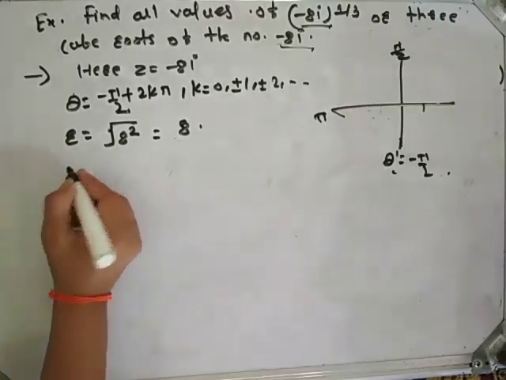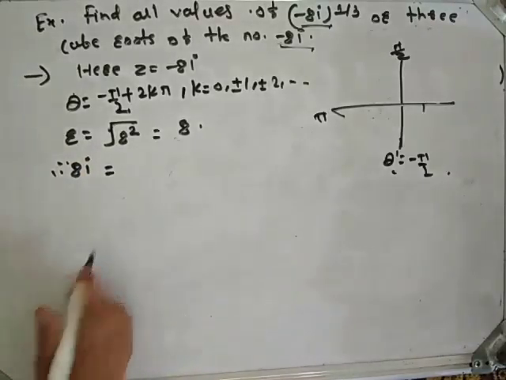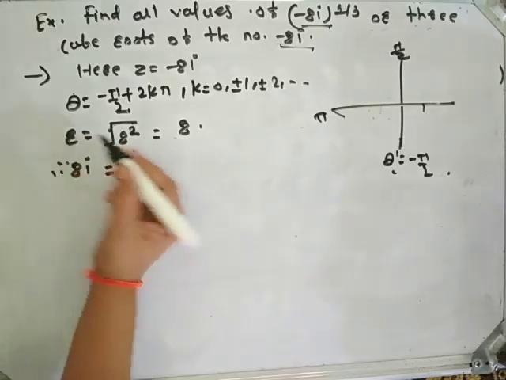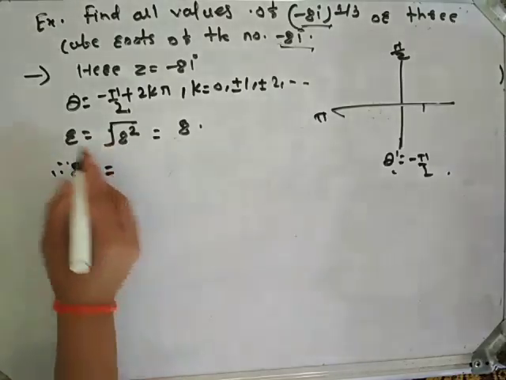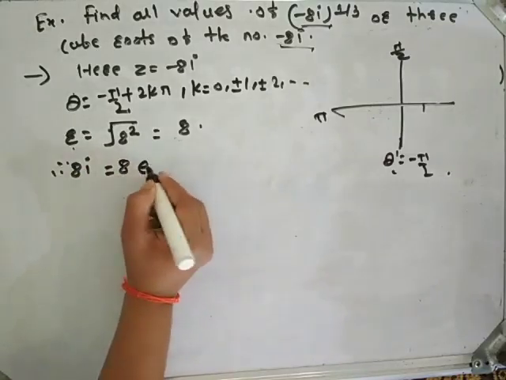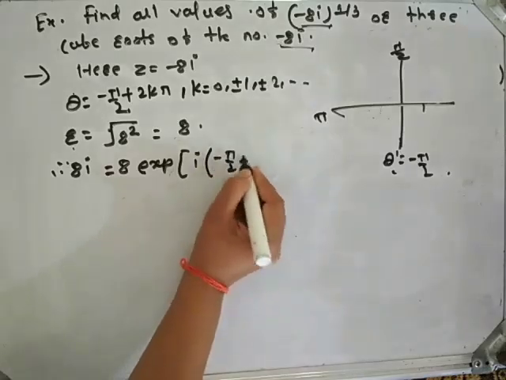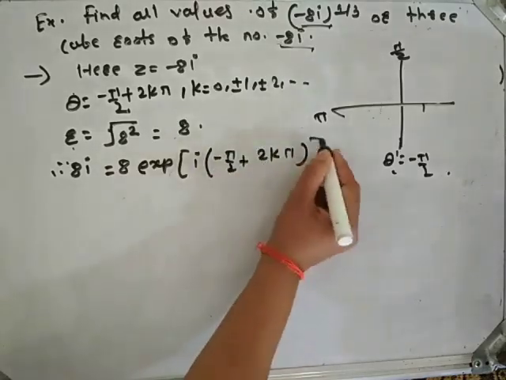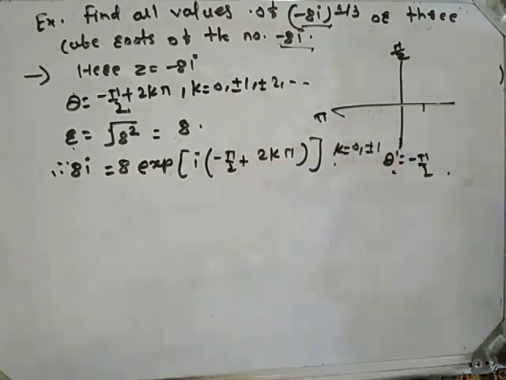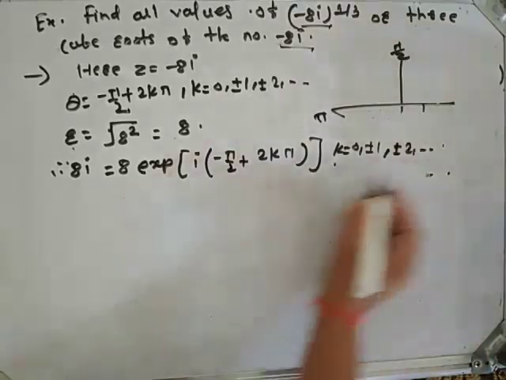Therefore z, minus 8i, can be expressed as 8 times exponential of i (minus pi by 2 plus 2k pi), where k runs from 0, plus or minus 1, plus or minus 2 and so on.